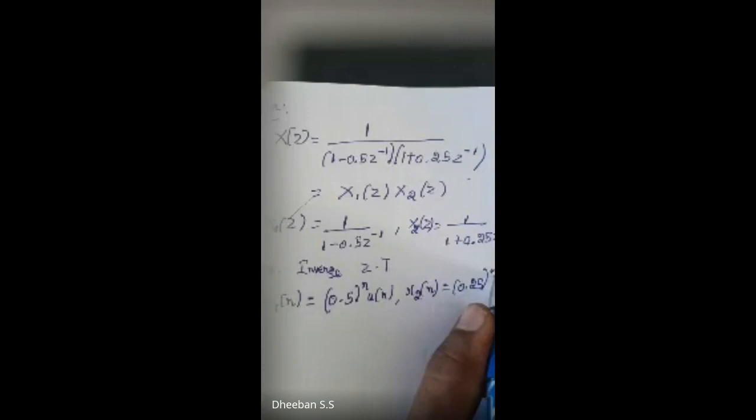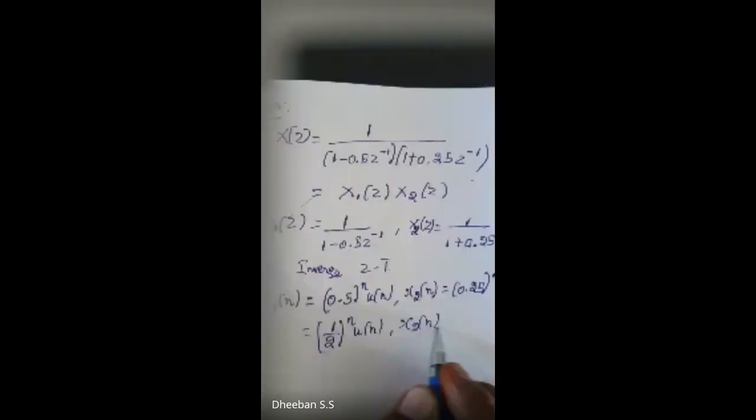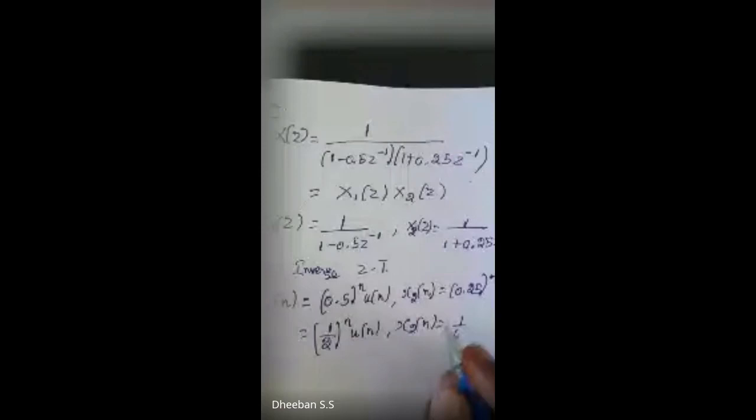Similarly, x2 of n is equal to 0.25 the whole power n into u of n. So now you change these to 1 by 2 the whole power n into u of n, and x2 of n will be minus 1 by 4 the whole power n into u of n. So now you have got the signals separately.